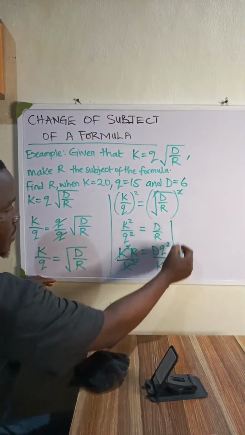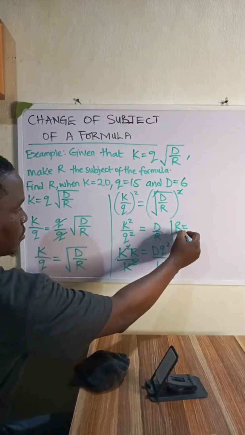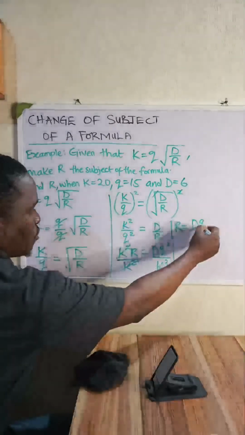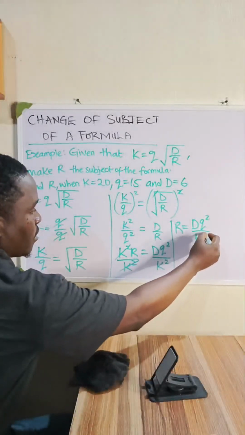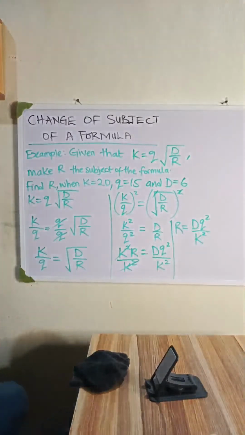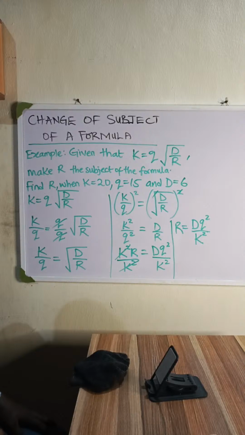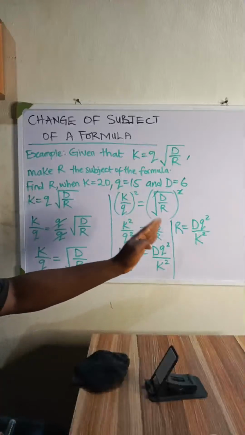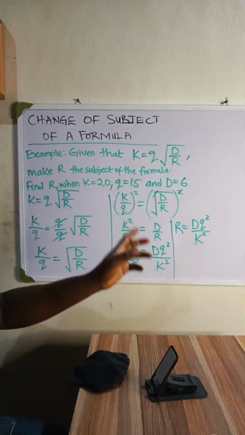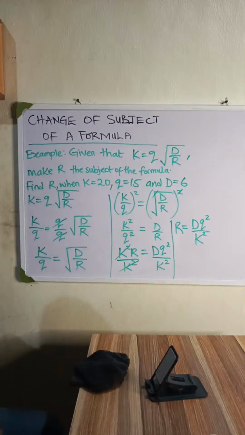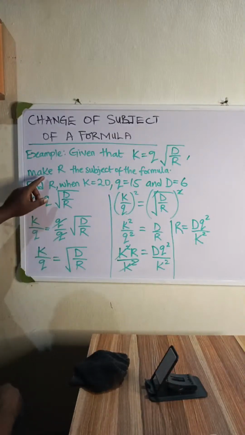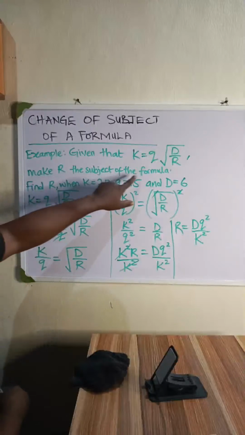This means we have r is equal to dq squared all over k squared. So we have made r the subject of the formula. The formula is now r is equal to dq squared all over k squared. So we've done the first part.